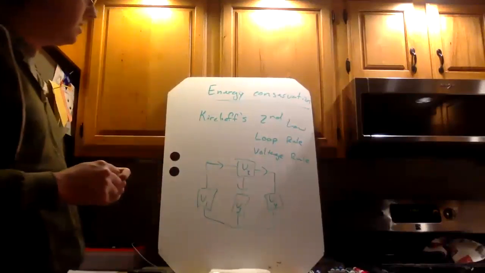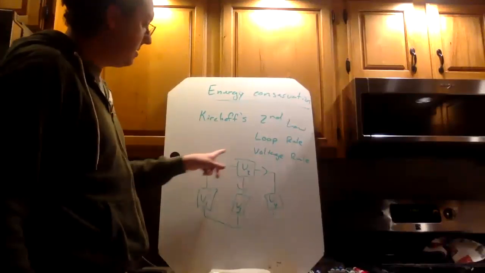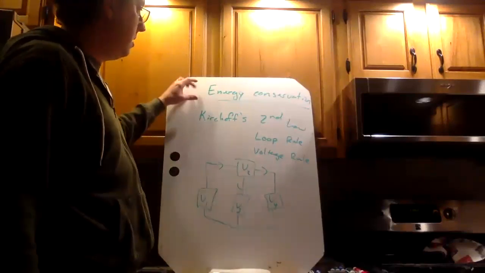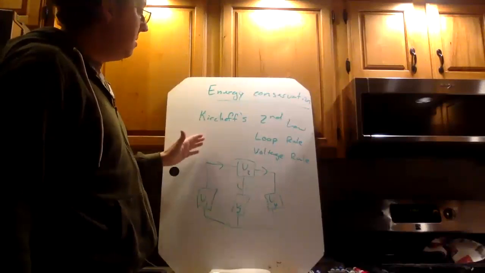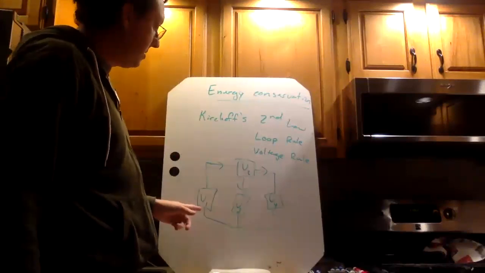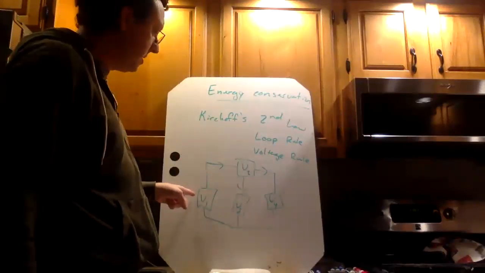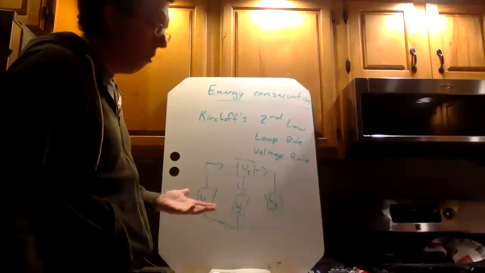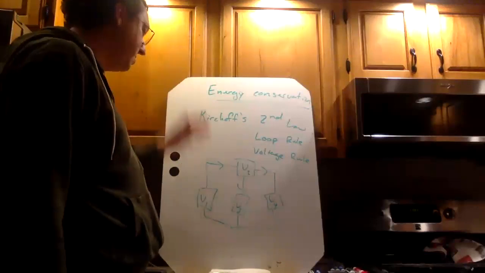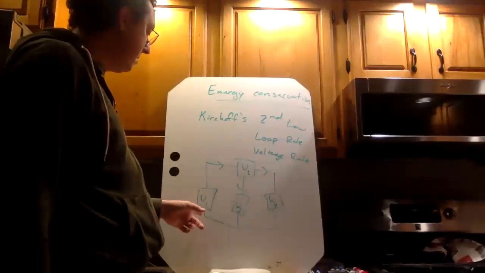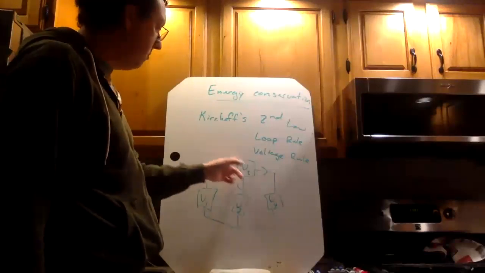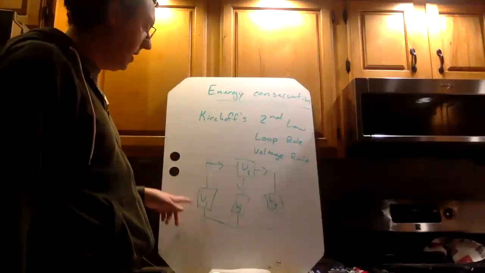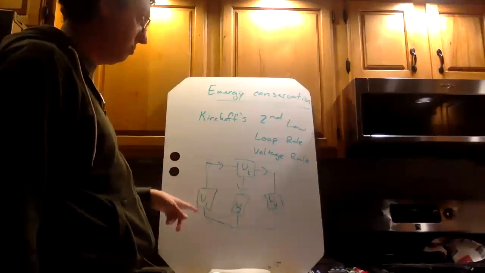The statement of energy conservation means that if you go around and get back to the same place, then you better have the same potential energy that you started with. If you phrase it in terms of voltages, the sum of all the changes in voltage better add up to zero around a closed loop.